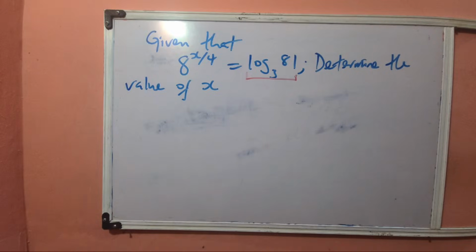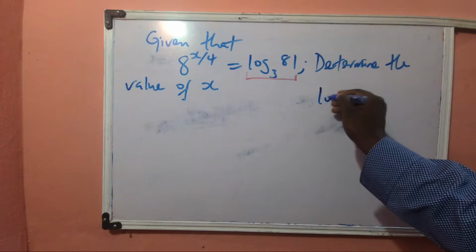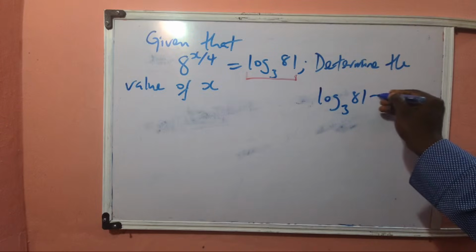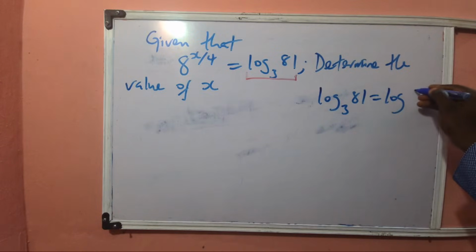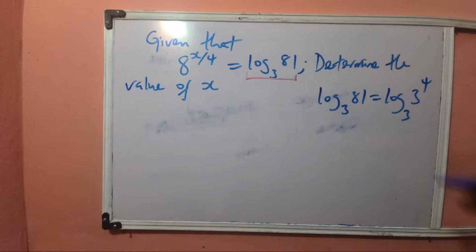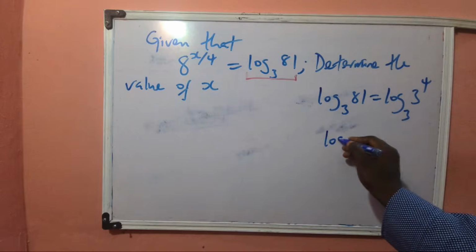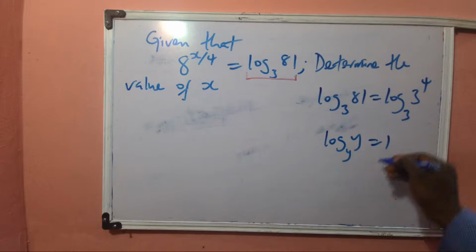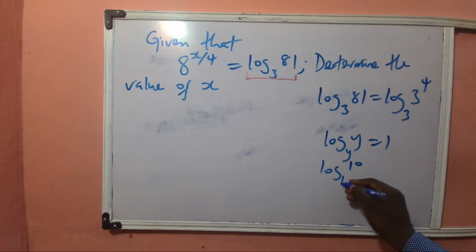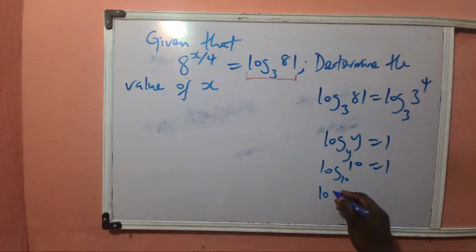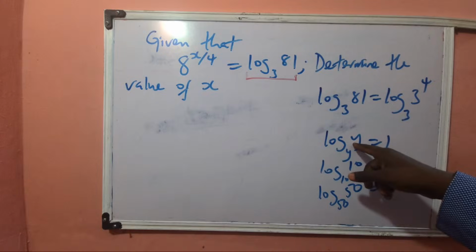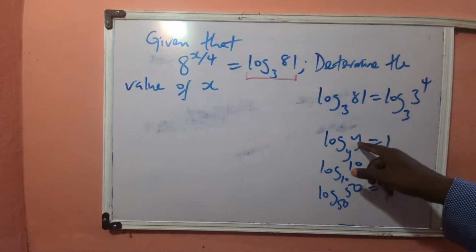Will I be wrong if I expressed log 81 base 3 as log 3 raised to power 4 base 3? I'm sure you understand the theory around logarithm: if I have log 10 base 10, it will be 1. If I have log 50 base 50, it will be 1.